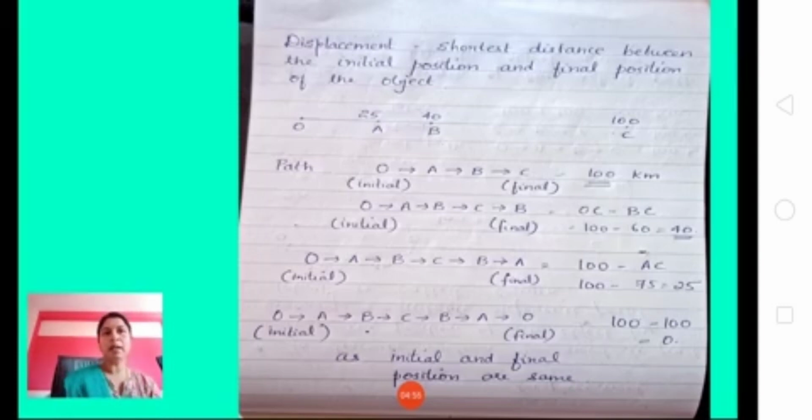Now the next situation where the initial position is O, it goes to C, then it comes back passing through B and A to O itself. It returns to O. So initially the object was at O and finally it has returned to O. So both the initial and the final position are the same, which is O. So the displacement will be 0 because both the positions are the same.